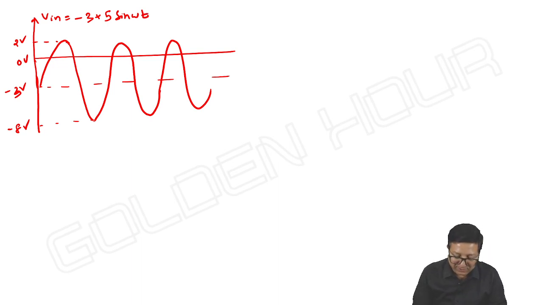So to what level will the capacitor charge then? V capacitor is equal to minus 8. Is it not so? This is passed through our positive clamper.